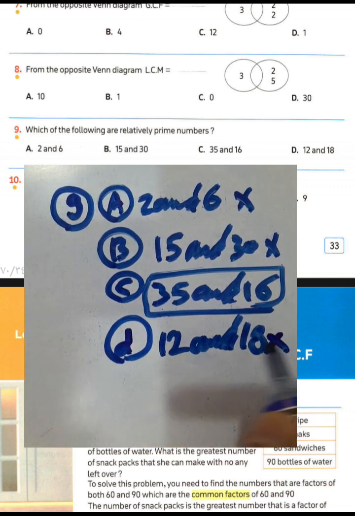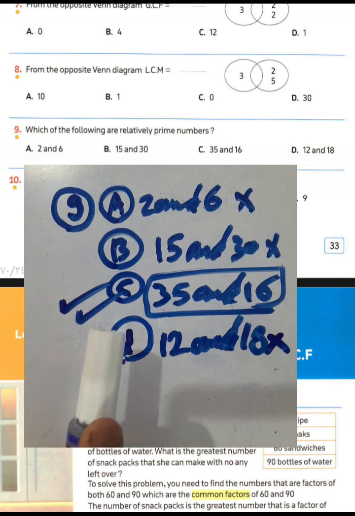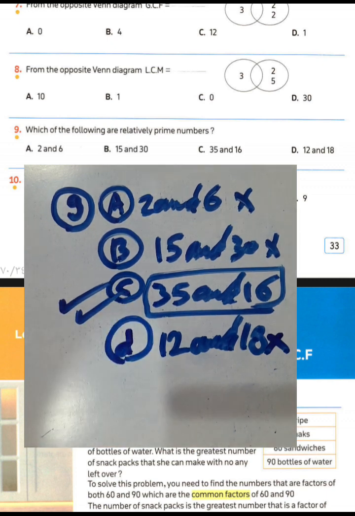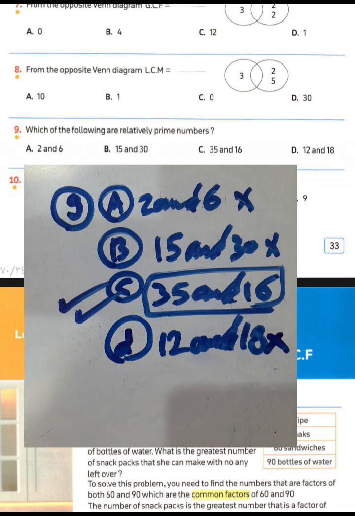Then it's false. So you must choose letter C about question number 9. Again, which of the following are relatively prime numbers? We must choose letter C, 35 and 16, because 35 and 16 can divide by 1 only.